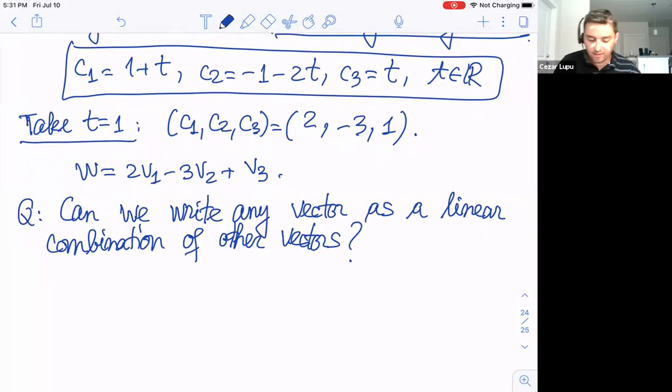And the example I have in mind, or I would say the counterexample, the answer is no. I cannot write any vector as a linear combination of other vectors. Let's take this vector, 1, -2, and 2.